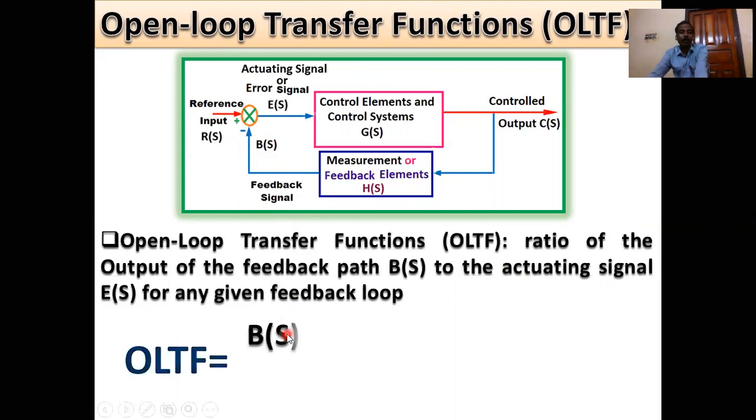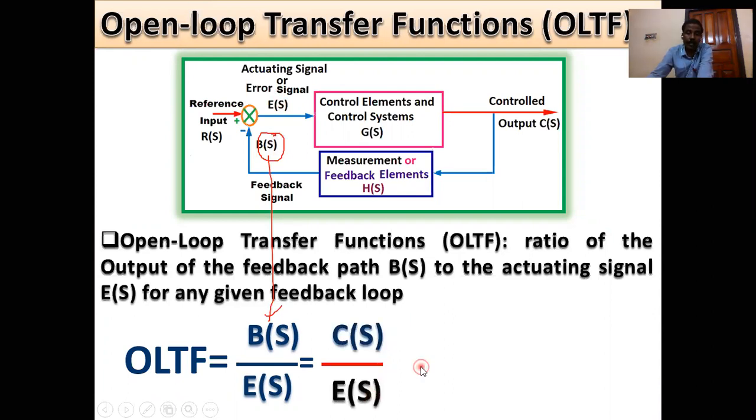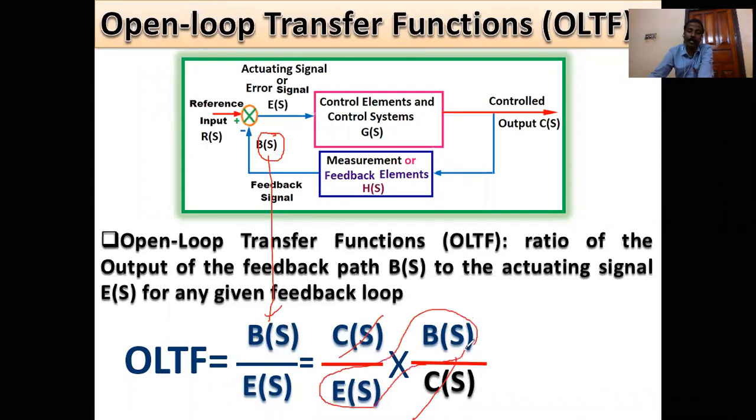It equals B(S), the primary feedback, divided by the actuating signal or error signal E(S). B(S) divided by E(S) is called the open loop transfer function. This is also equivalent to C(S) divided by E(S) into B(S) divided by C(S). If C(S) cancels, then B(S) divided by E(S) returns.